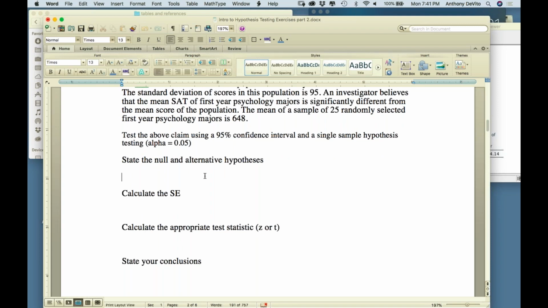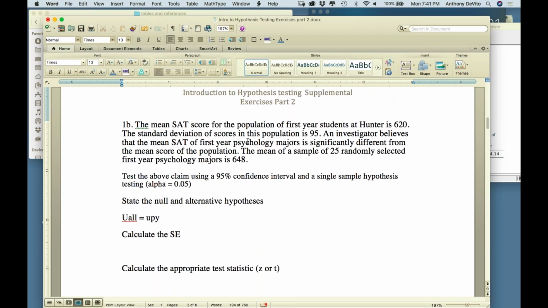So what is our null hypothesis going to be? The mean SAT score for, it's not hard, somebody yell it out. The mean SAT score for all students is equal to the mean SAT score for psych students, right? I think they're all first-year students, right? Let me go back there and take a look.